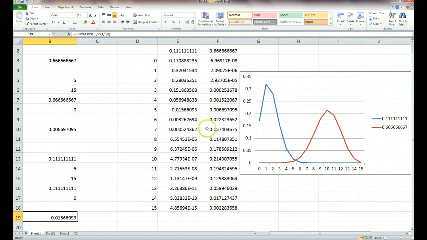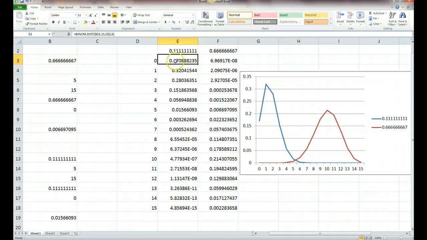If you look at all the probabilities, this is the probability for p being 1/9 or 0.1111, and similarly you get the distribution for the 2/3 probability. I've calculated the whole distribution.